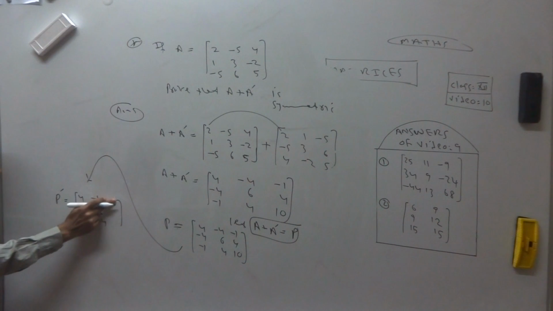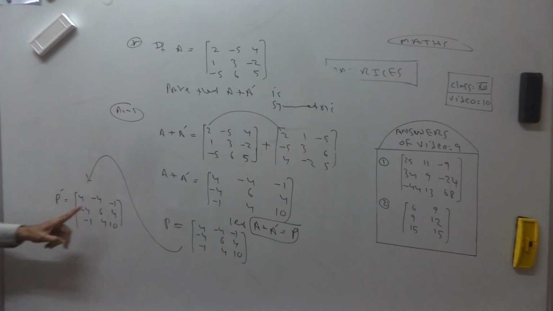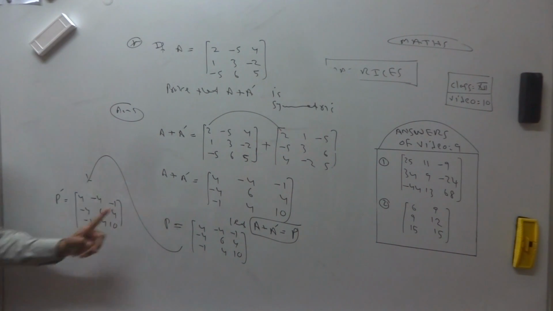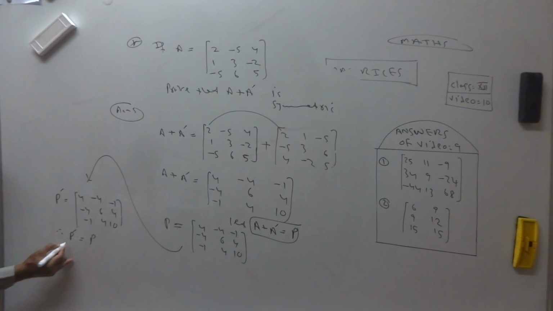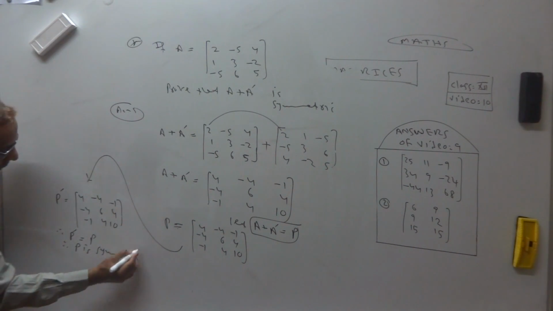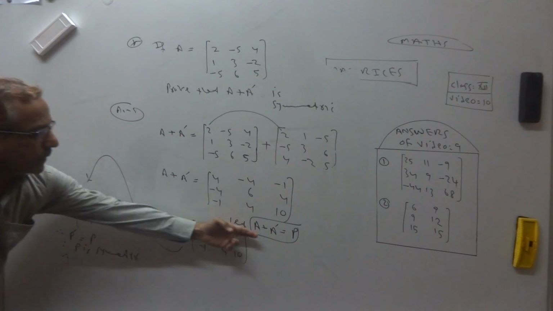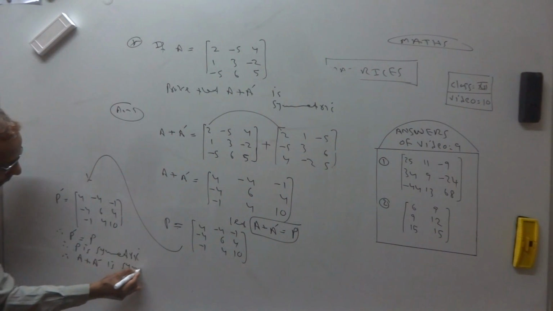Now you check the answer. P transpose and P are same: 4, 4, 1, 4, 6, 4, 1, 4, 10. So P transpose is equal to P. Therefore P is symmetric. What is P actually? P is A plus A dash. So A plus A dash is symmetric.